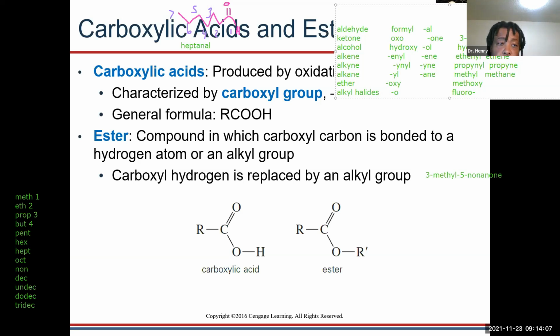So for esters, we have oxy, carbonyl, or we'll call it OH.